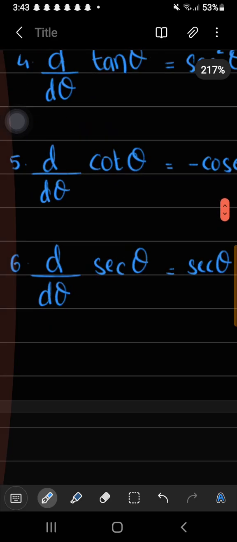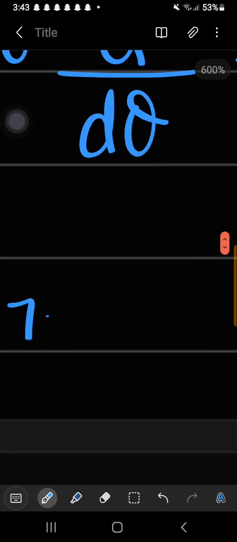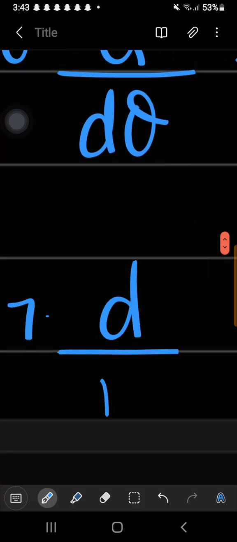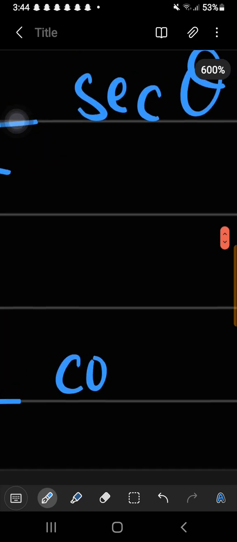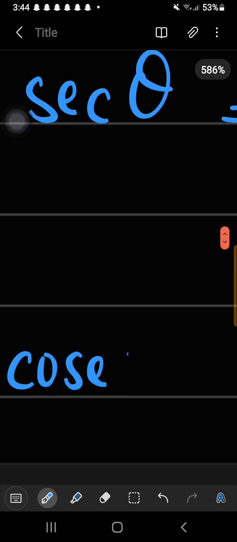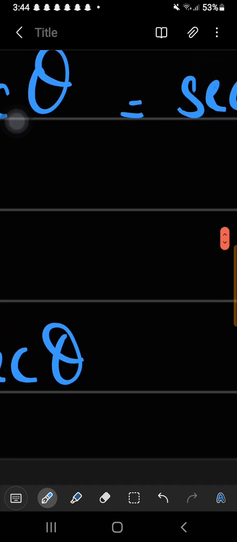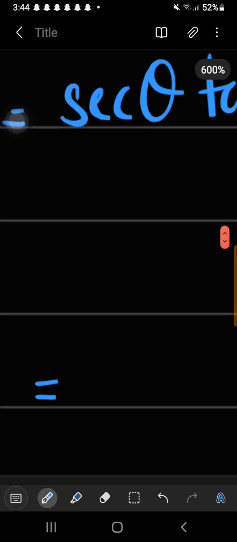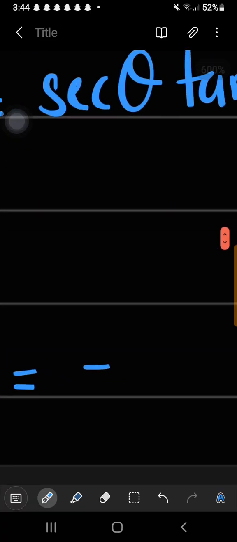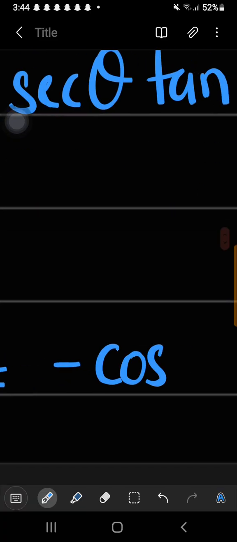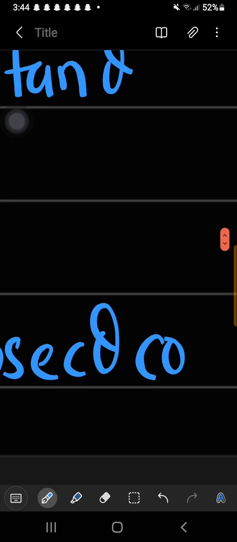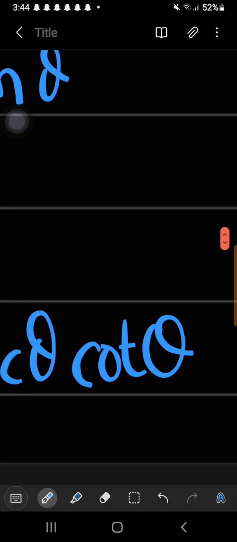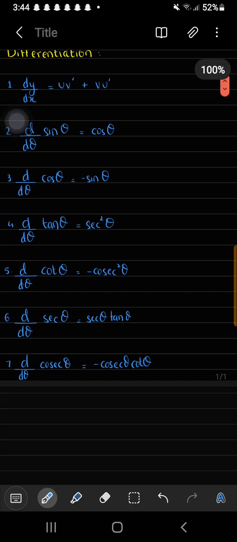Then seventh is d over d theta for cosec theta is equal to negative cosec theta cot theta. Now review these all, then we will move ahead.